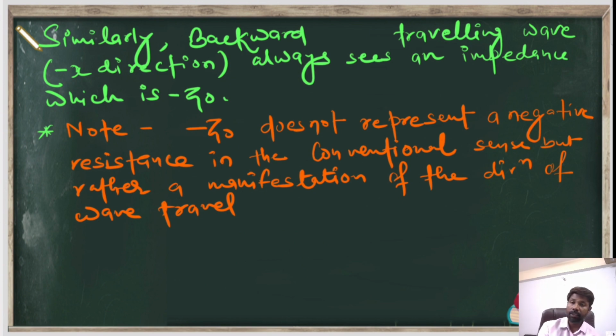So minus Z0 does not represent a negative resistance in the conventional sense, but rather a manifestation of the direction of wave travel. The negative sign gives information about the direction in which the wave is propagating.